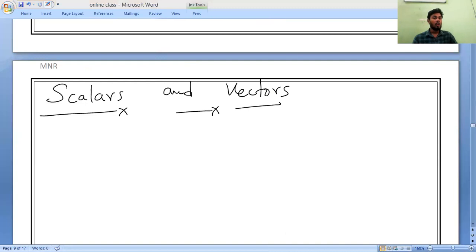Now remember, guys, some physical quantities we define using only magnitude. Those quantities we call scalar. Can you tell me examples of scalar quantities?